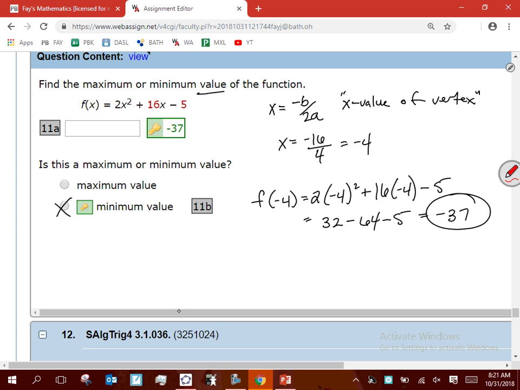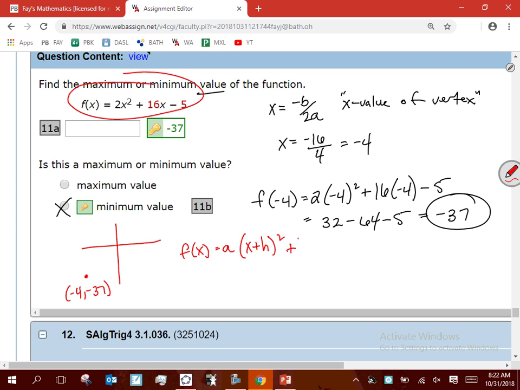If the goal was to rewrite, now that I've got this information, guys, if the goal was to rewrite my function in vertex form, we could do that. Because remember, if I'm here at negative 4, negative 37, if I've got the function f of x is equal to some a times x minus or plus, how do you want to write that, h squared plus k, well, this is a.